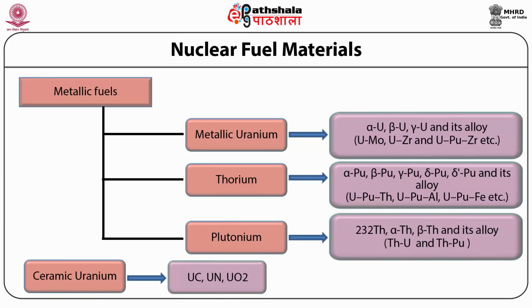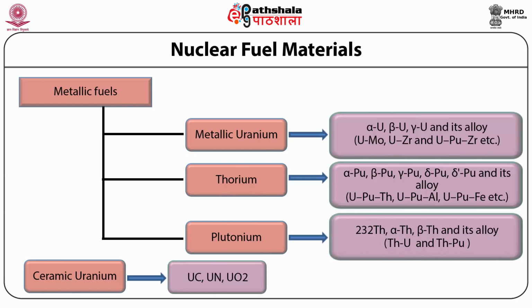Uranium and plutonium-based fuels were primarily used in EBR-1 in 1951 to produce a suitable amount of electricity. Further, EBR-2, Magnox, and various other fast reactors have also utilized metallic fuels.